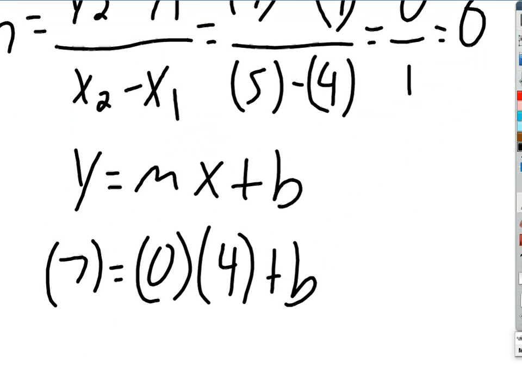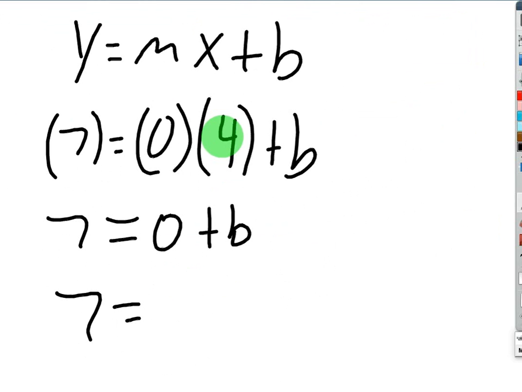The reason this problem is so easy is because we've got 0 times 4, which is 0. And then we have 0 plus b, which is b. So what is b? 7. So b is 7. So this one's going by quick.